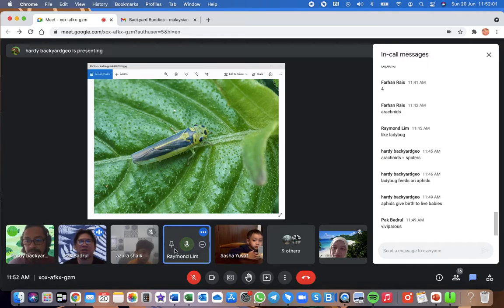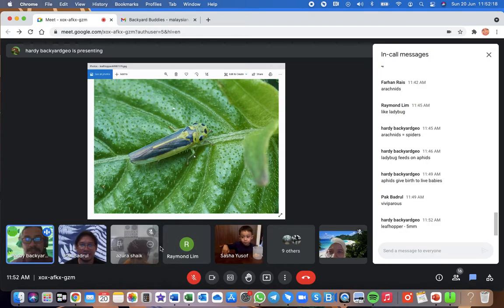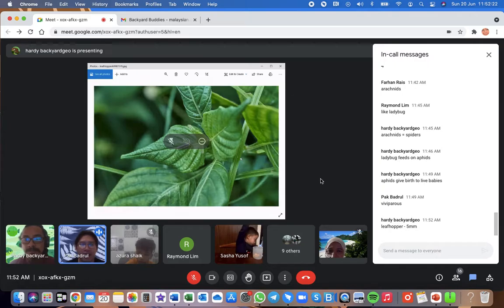No, it's totally different, but it can jump also. The legs are very strong, same as a grasshopper. Yes, it can jump like a grasshopper.